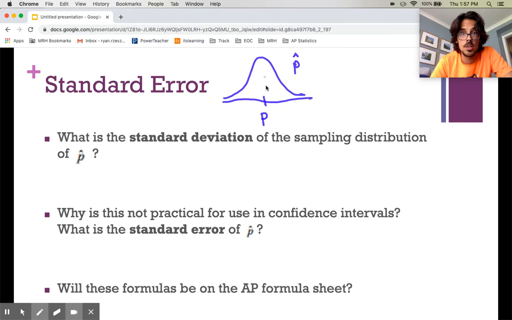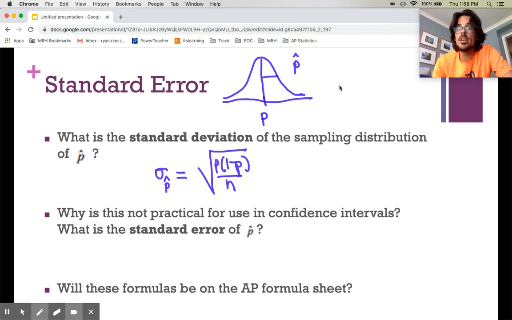So the graph centers right there. That was going to be the mean. And if you recall, the standard deviation of the sampling distribution of P hat was a formula, which is on your sheet: the square root of P(1 minus P) over N. We saw that last chapter.